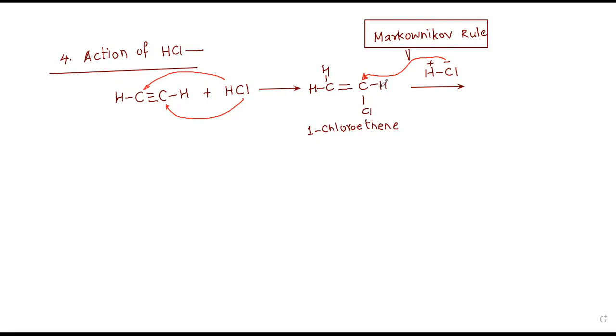See, this has only one hydrogen, this has two hydrogen. So hydrogen will be added to the other position. So this will become CH3-CHCl2, 1,1-dichloroethane.